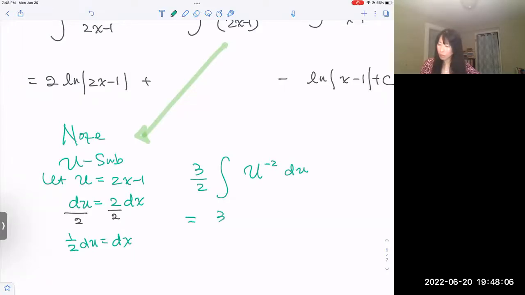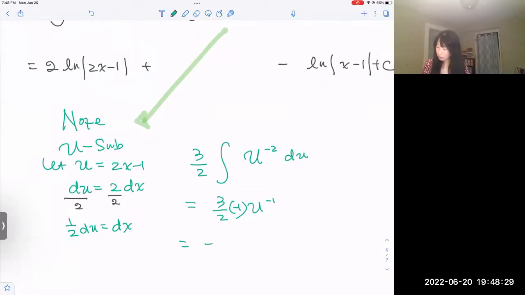It's just 1 over u, or negative 1 over u. Negative? Yeah, negative 1. Okay, u to the -1. Good. So we will have -3/2 times 1 over u, and u was 2x minus 1. Since 1 is in the denominator, we get that, right?